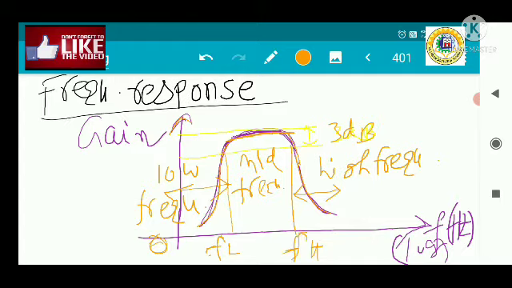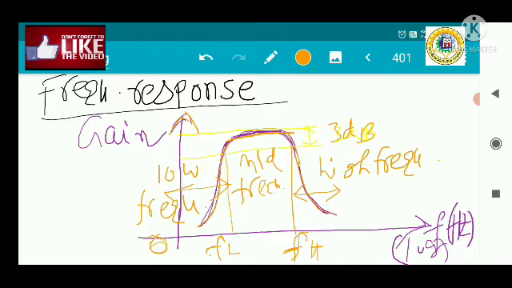These two frequencies signify that between this range the amplifier can be used as a constant gain amplifier. Otherwise, if we deviate from this frequency range, our amplifier gain will not be constant.